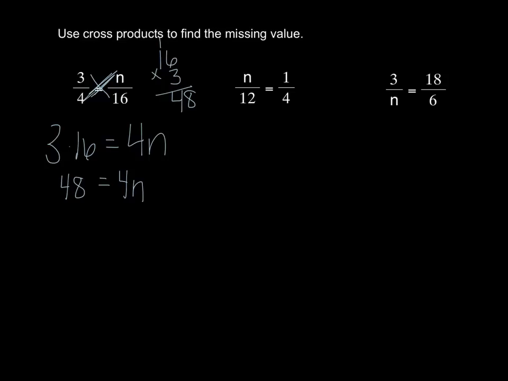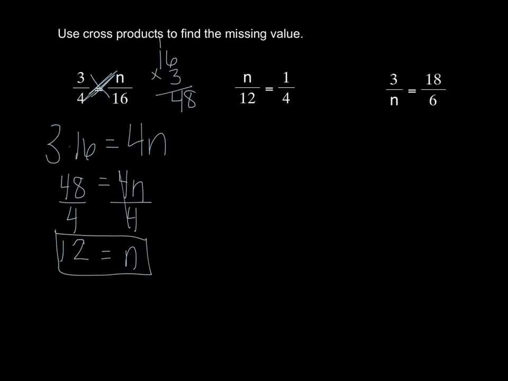I can just write 4n. Now we've seen this kind of thing before. I have to divide both sides by 4 because I'm undoing the multiplication between 4 and n. If I divide both sides by 4, those would cross off, and I'd be left with n equals 48 divided by 4, which is 12. So to make 3/4 and n over 16 proportionate, n would be 12.